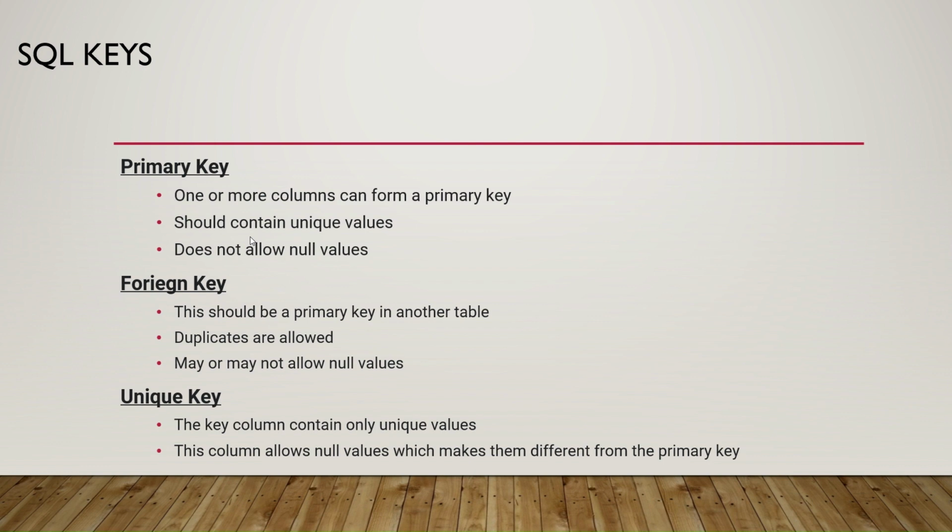Some of the properties this key should have: the column defined as a primary key should contain unique values, and it should not contain any null values. This could be a single column or multiple columns in a table, which can be used to uniquely identify the rows. So every table should contain a primary key. This is one of the requirements when creating the table.